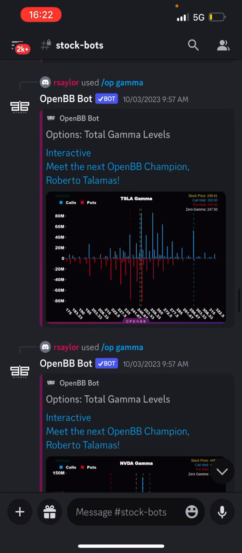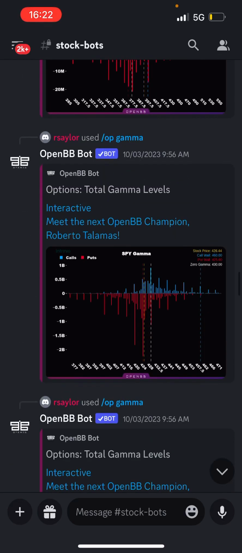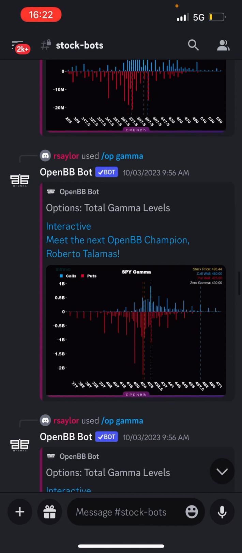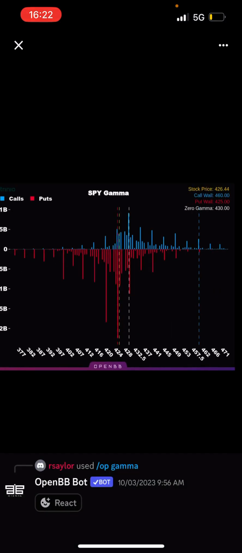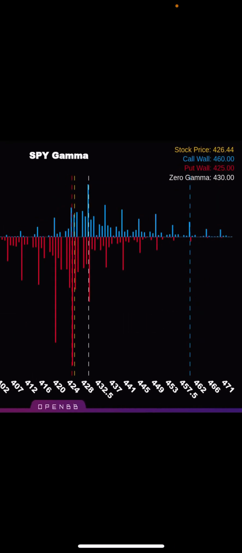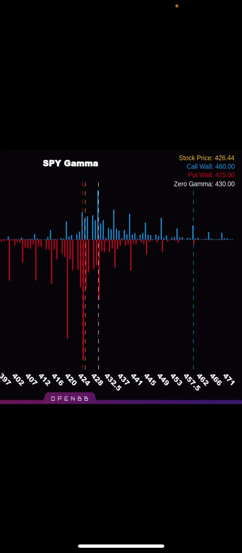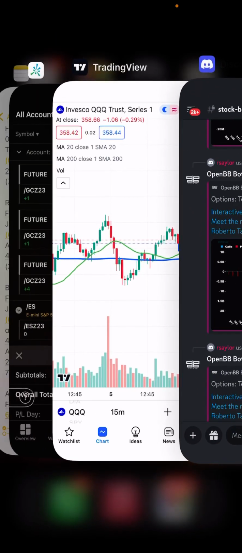So the other way you can use these GEX levels or gamma levels is basically you can fade moves above the call wall or moves below the put wall. Okay. So here, the put wall at the time was 425.